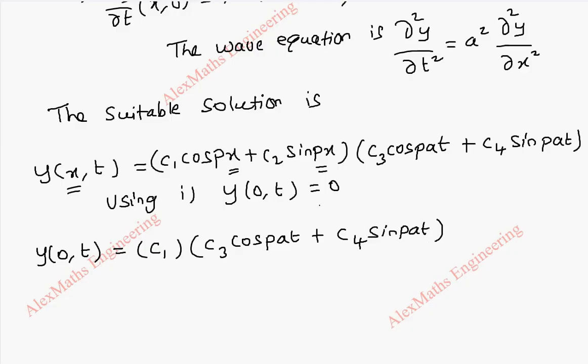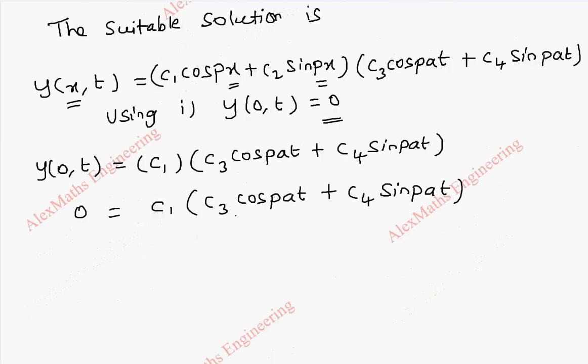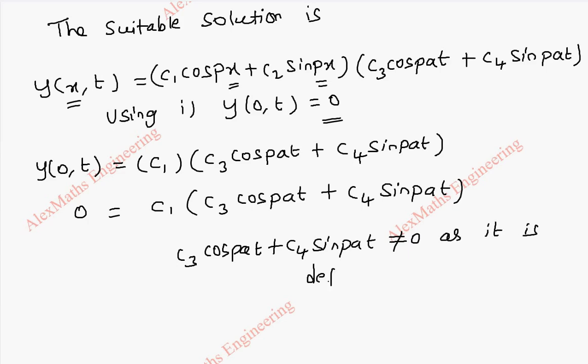Now this value is totally 0, so 0 equals c1 into c3 cos pat plus c4 sin pat. And this term c3 cos pat plus c4 sin pat is not equal to 0, as it is defined for all t. Therefore, the only option is that c1 must be 0. So we take c1 as 0 here.